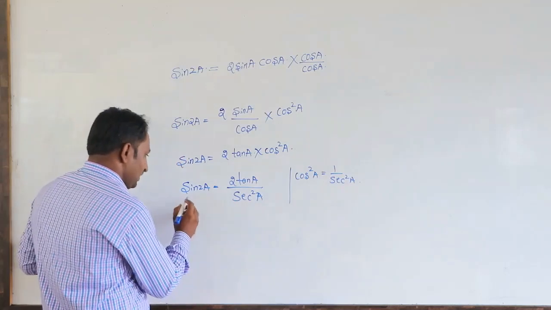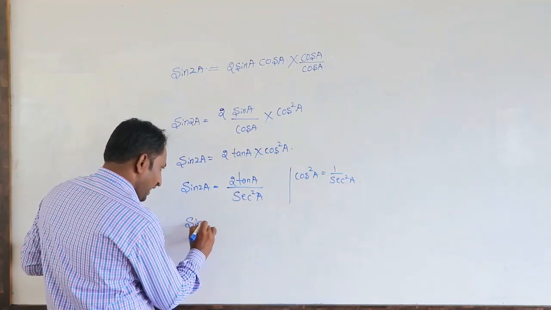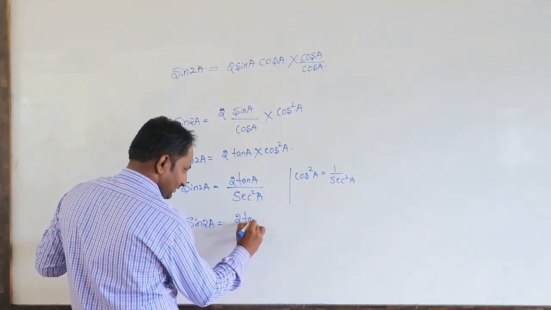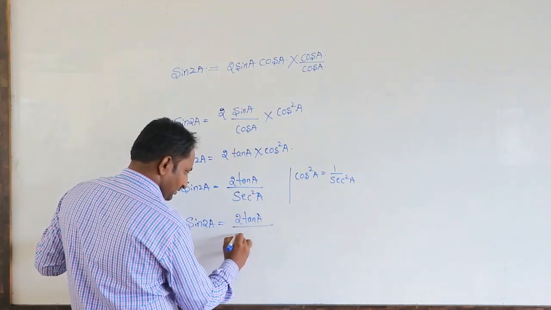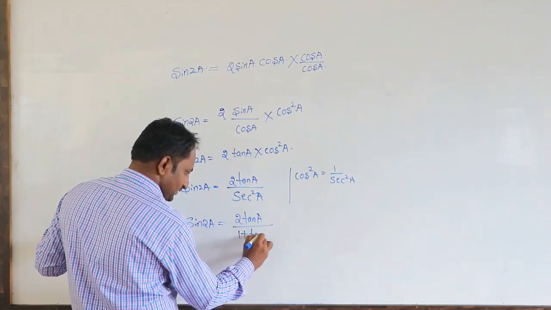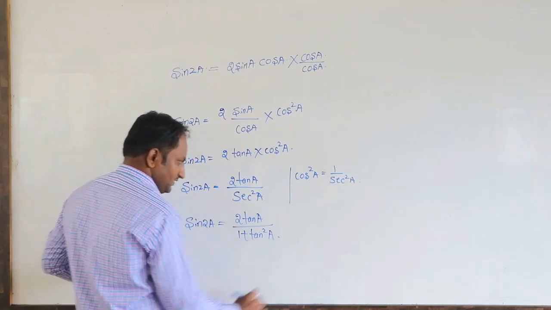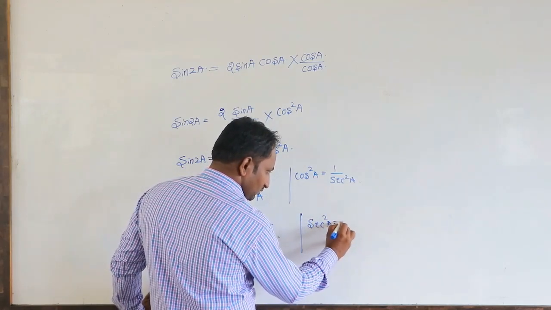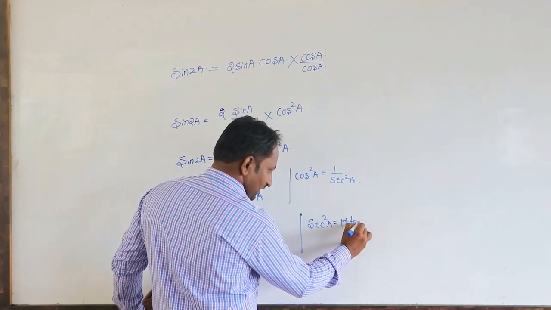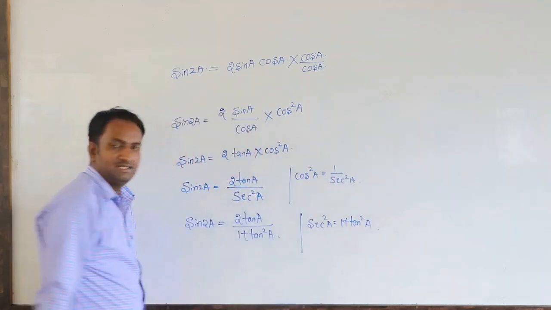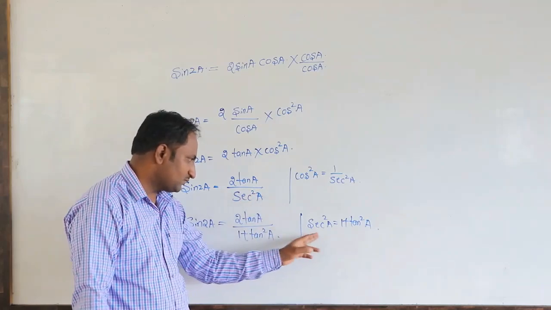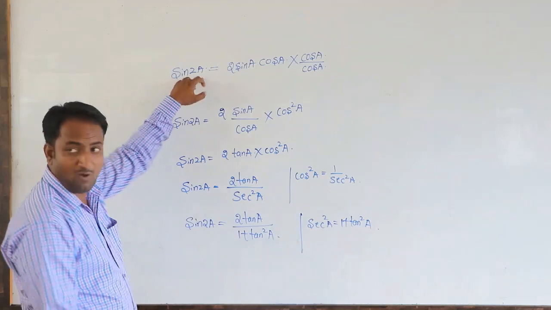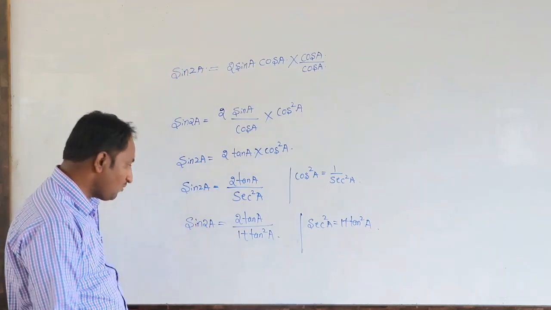Here sin of 2a is equal to 2 tan a divided by 1 plus tan square a, because we know the identity sec square a is equal to 1 plus tan square a. Sin of 2a can thus be expressed in the form of tan.